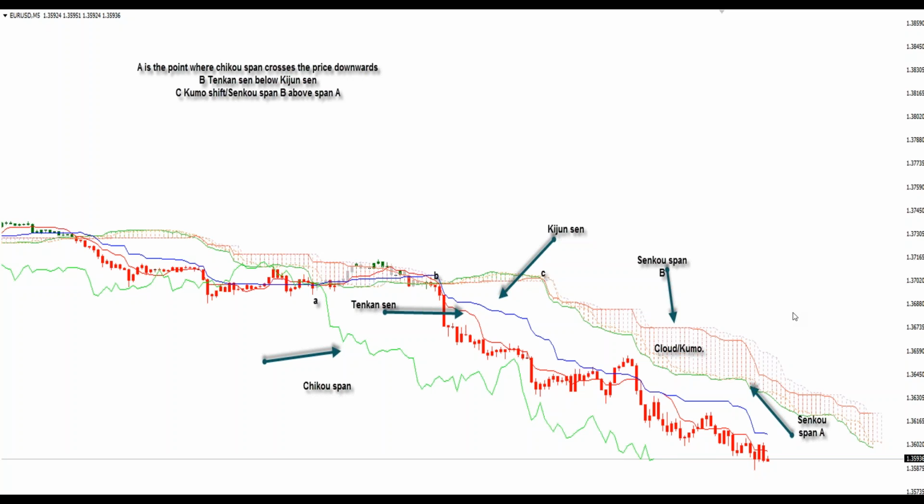I have noticed that there is a lot of lag in traditional Ichimoku, so you will probably be entering too late, not on time. How I teach people to trade price action on my price action trading school, I try to actually copy the knowledge from price action into various systems.